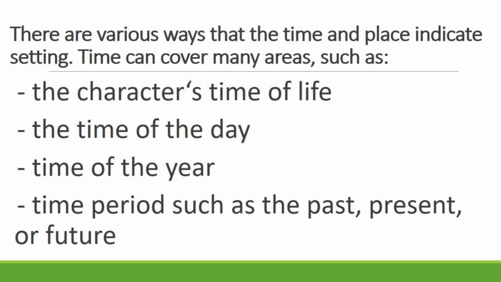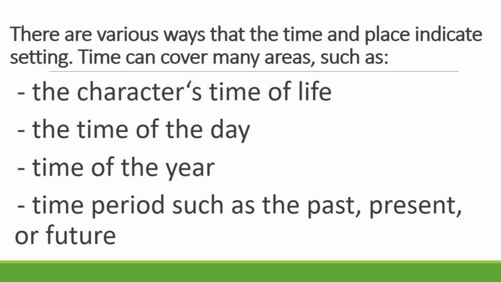And as for the time of the setting, there are various ways that time and place indicate setting. Time can cover many areas such as the character's time of life. So when we say the character's time of life, it can be during the character's childhood years, teenage years, or adulthood years.